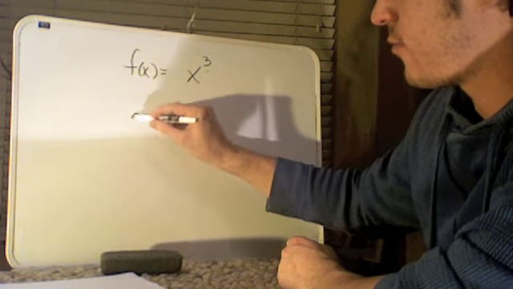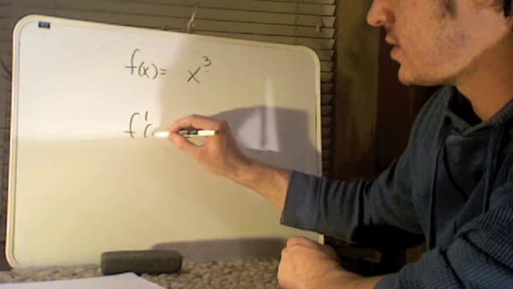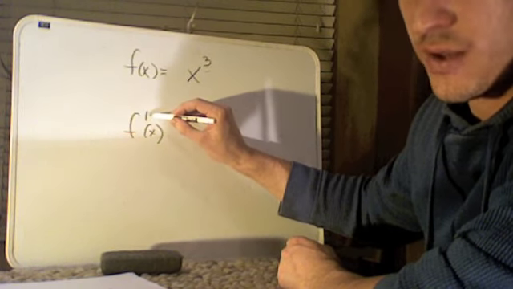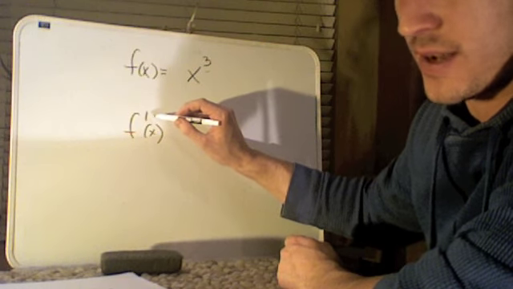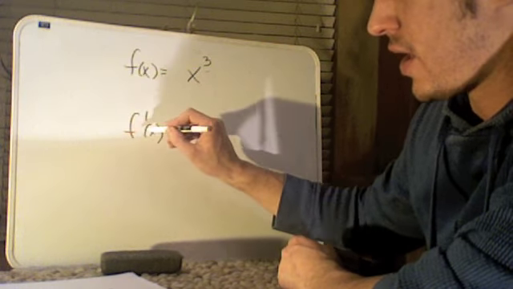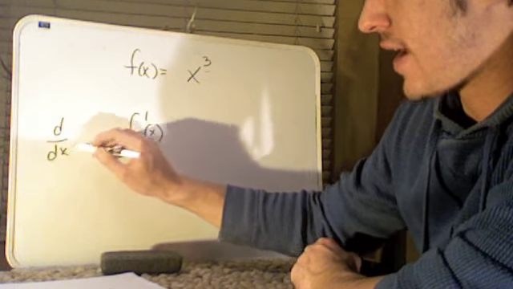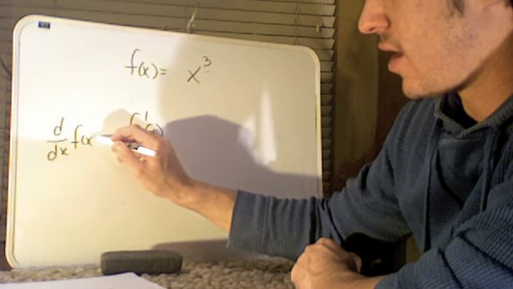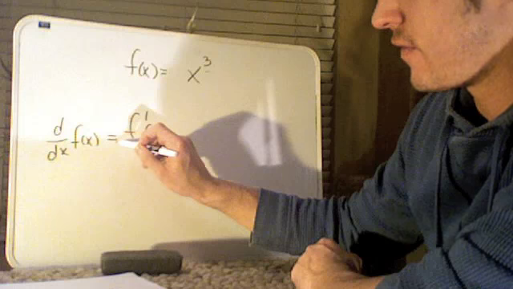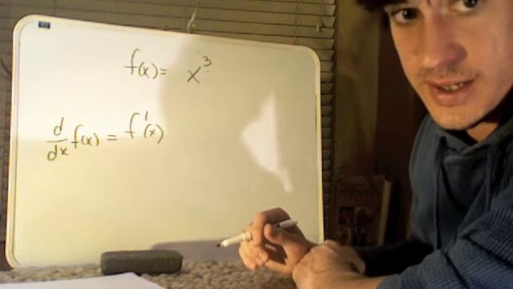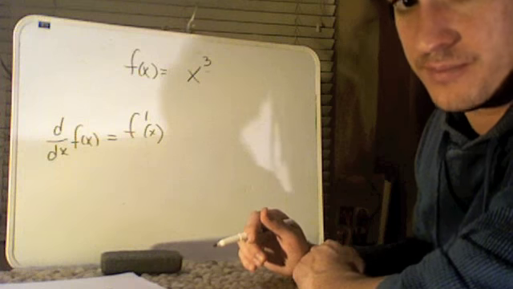What you do, f prime of x, prime meaning the derivative, it's just shorthand. A lot of times you may see another way to represent the derivative, like d over dx of f of x. That's another way to represent the derivative. Put an equal sign here because it lets you know they're the same thing, okay?